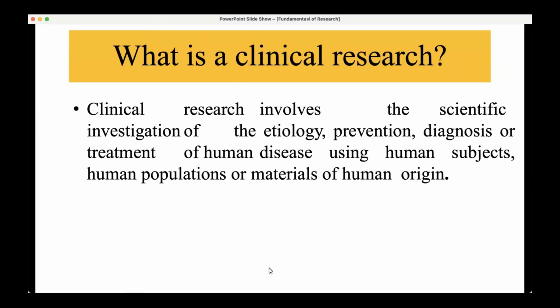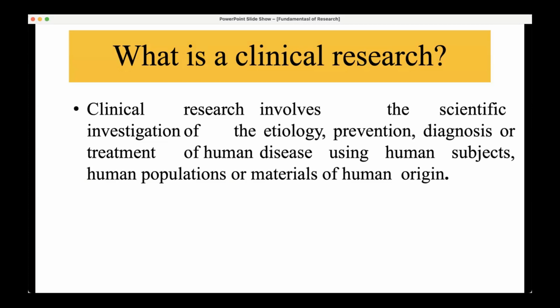There are mainly two types of research in our medical field. One is called the clinical and the other is called the basics. Mostly during our thesis or research in basic sciences, we do not conduct clinical research, but basically, we do the clinical research.